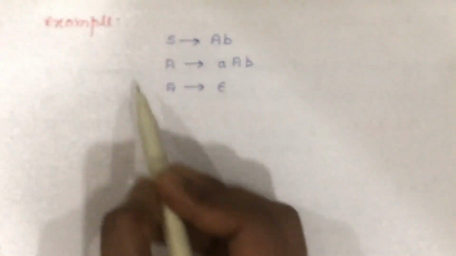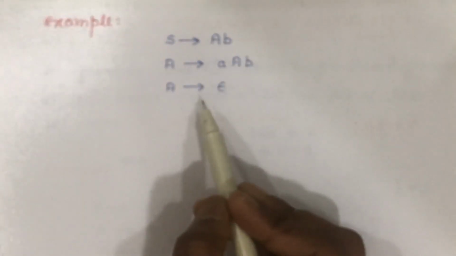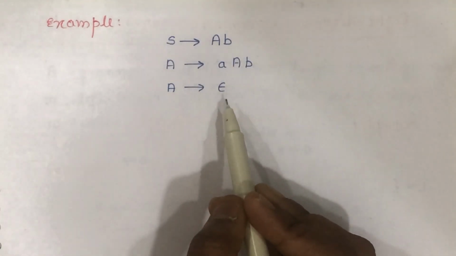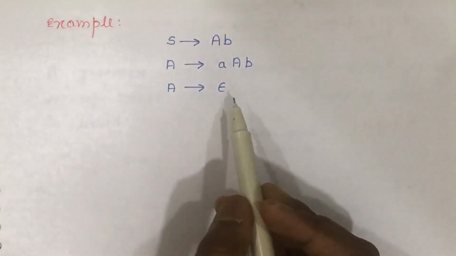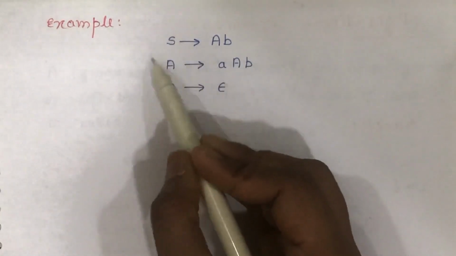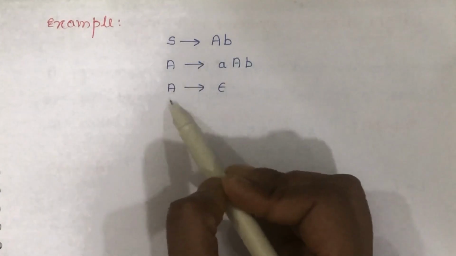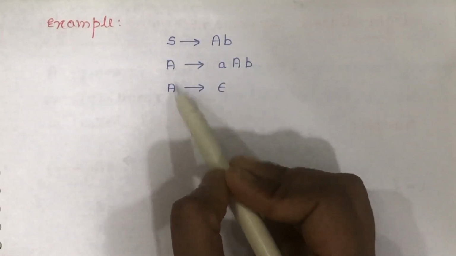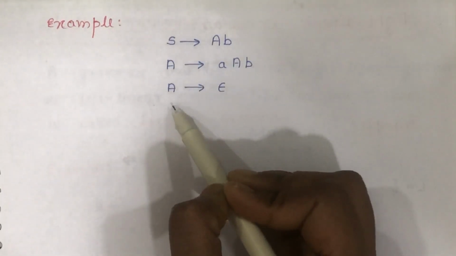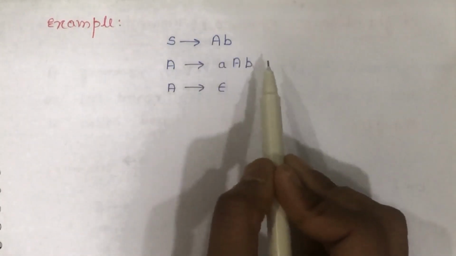Now we will check another example and we'll try to check whether the given grammar is linear grammar or not. So in linear grammar again we'll check this grammar is having 3 production rules. In every production rule, on left hand side we have a single non-terminal. So left hand side is satisfying the property of linear grammar. Now we'll look at right hand side.